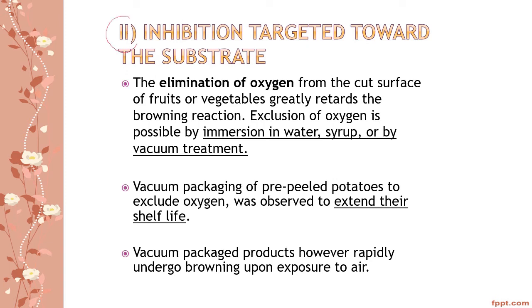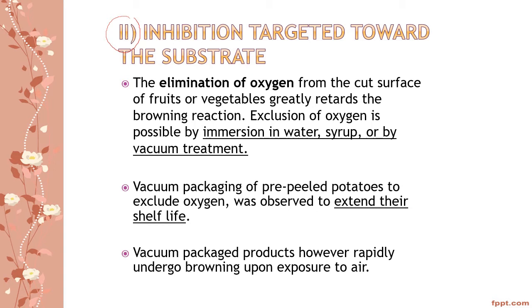So the second approach is inhibition targeted towards the substrate. Elimination of oxygen from the cut surface of fruits or vegetables greatly retards the browning reaction. Exclusion of oxygen is possible by immersion in water, syrup, or by vacuum treatment.